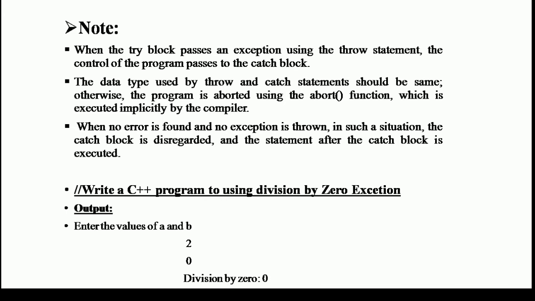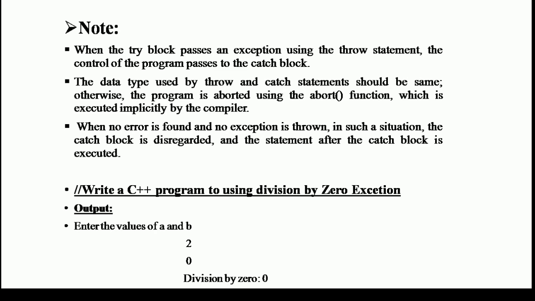When the try block passes an exception using the throw statement, the control of the program passes to the catch block. The data type used by throw and catch statements should be the same.